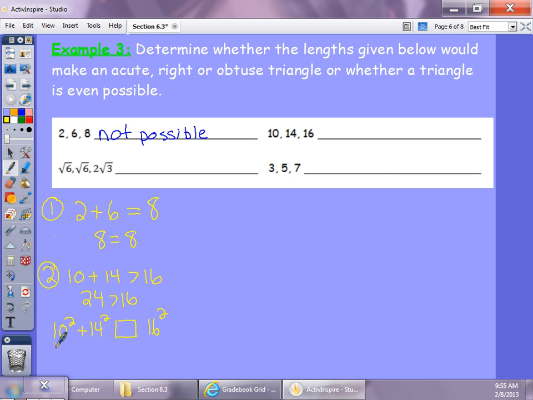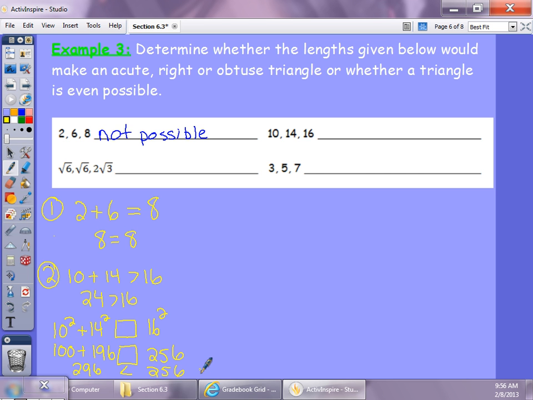So we know that 10 squared is 100, 14 squared is 196, and 16 squared is 256. So we know that 100 plus 196 is 296. So now we can say that 296 is greater than 256.